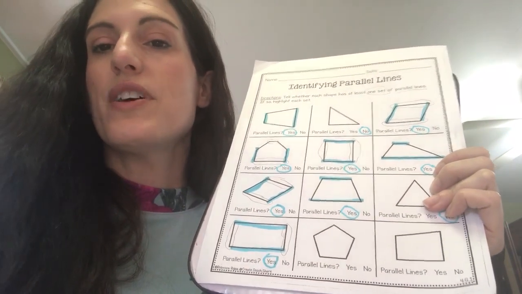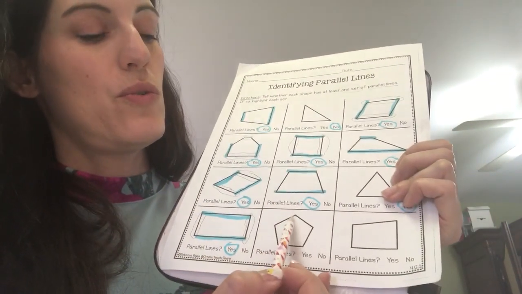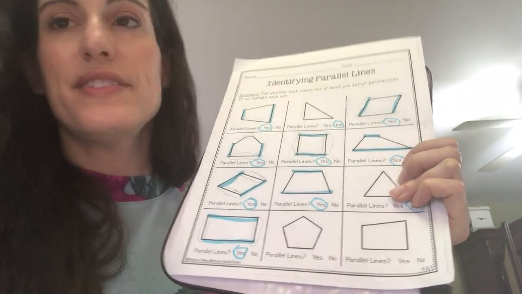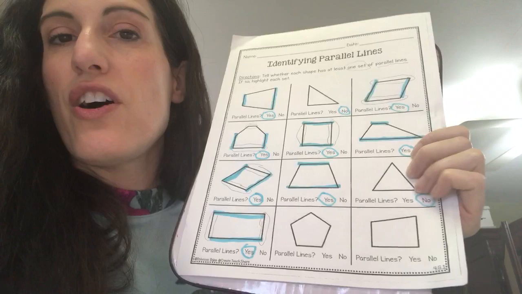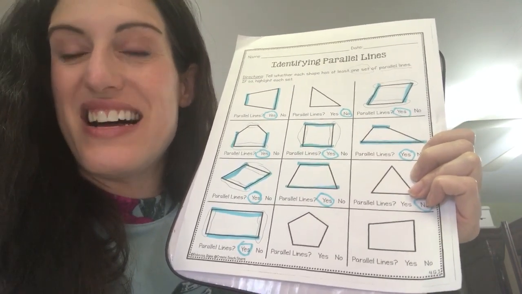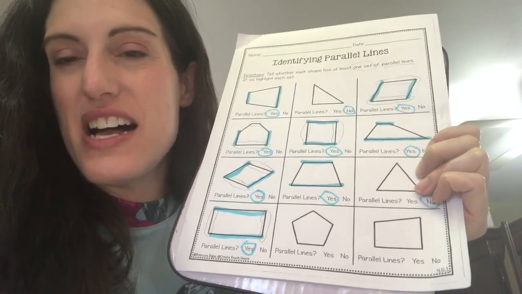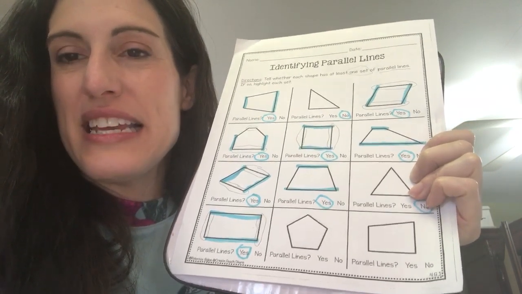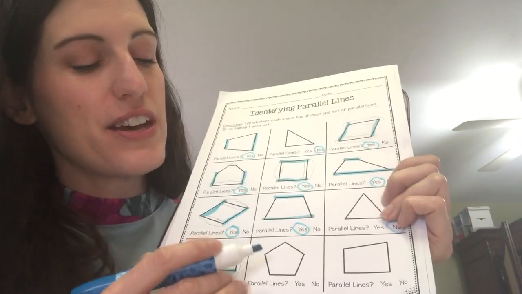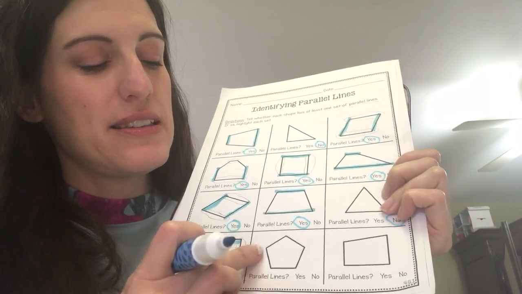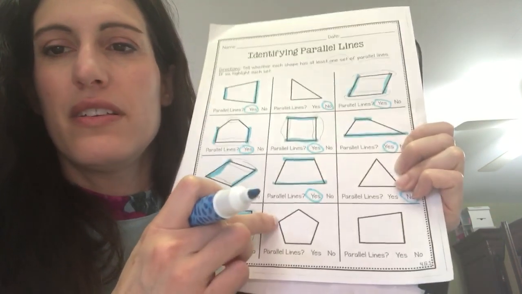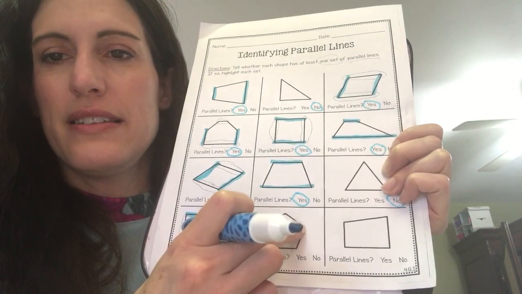Well, let's look at this one. This is a 1, 2, 3, 4, 5-sided shape. We call a 5-sided shape a pentagon. Do you see any lines that are parallel? Let's look. This line, this line, this line, and this line?